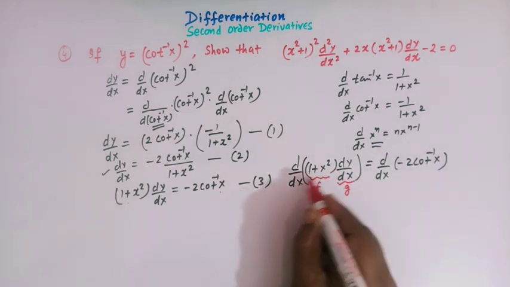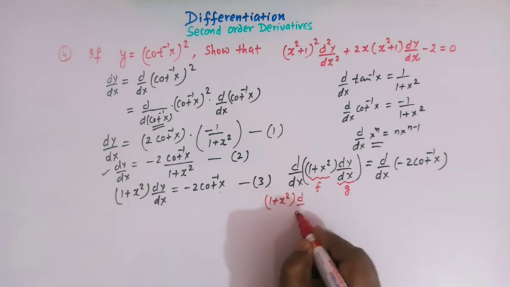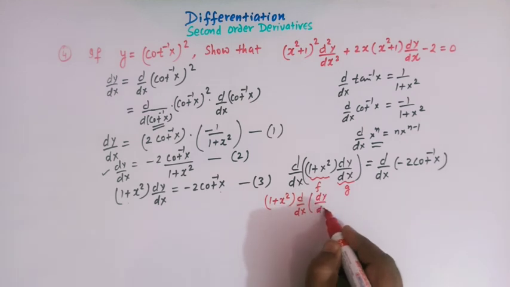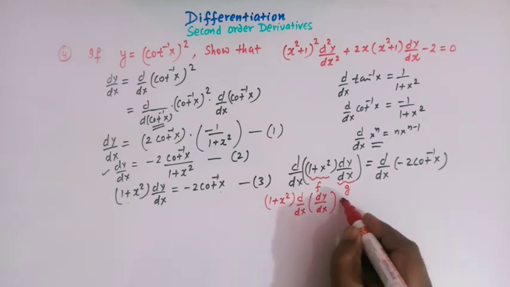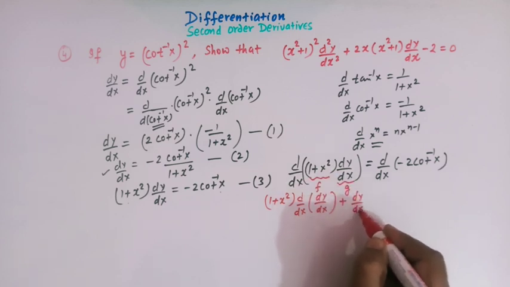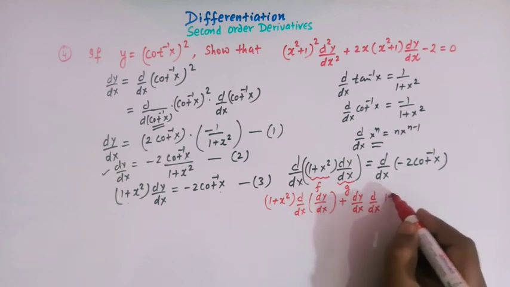So we have the first function, 1 plus x square, times the derivative of the second function, which is d2y over dx2, and then the second function, dy over dx, times the derivative of the first function, 1 plus x square.